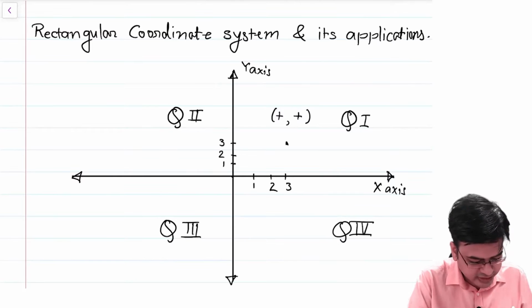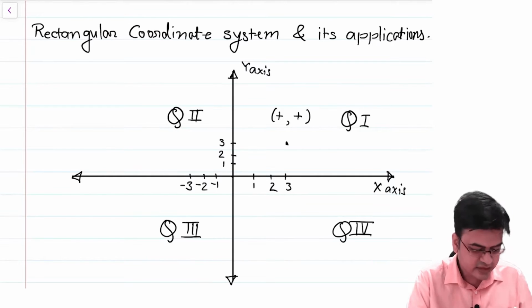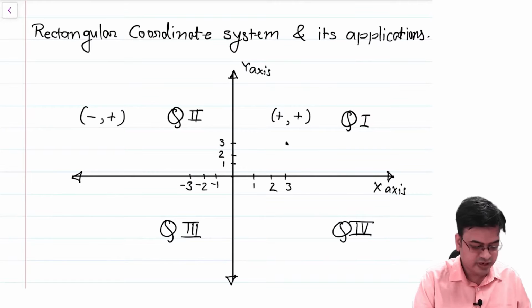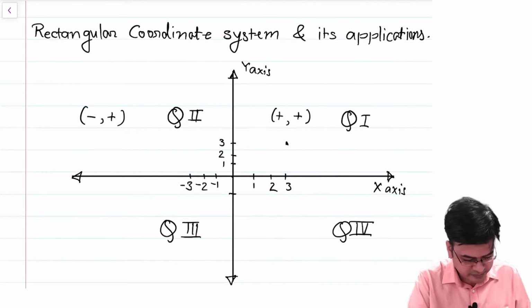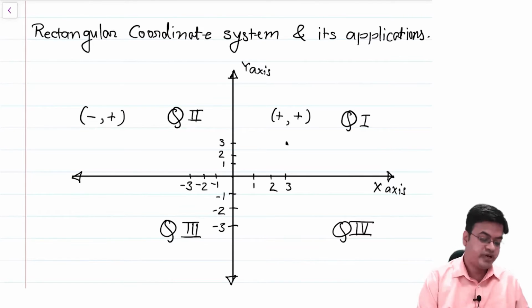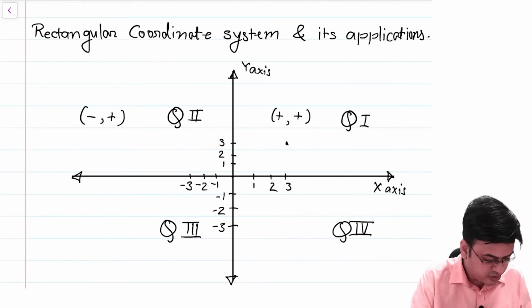If you look at the second quadrant, that is Q2, it will take all negative values on the x-axis and positive values on the y-axis. So the parity of this is minus plus. In a similar manner, if you look at Q3, this will be minus 1, minus 2 and minus 3. Therefore, the parity of this quadrant will be minus and minus.